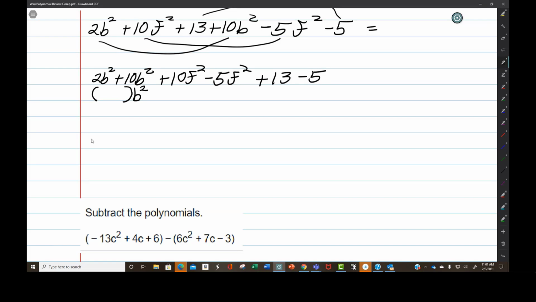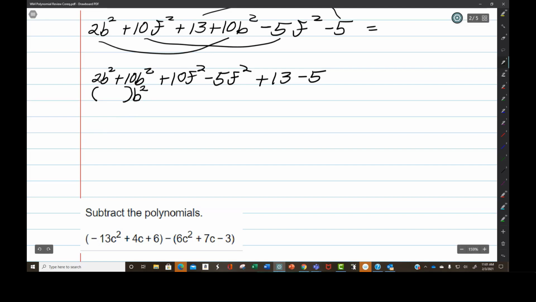The way that you add or subtract like terms is you keep the variable with its power just the way it is. You do not multiply the variables. You just write it down.